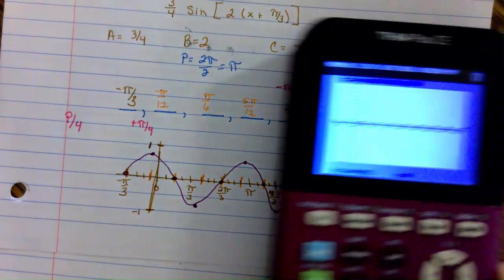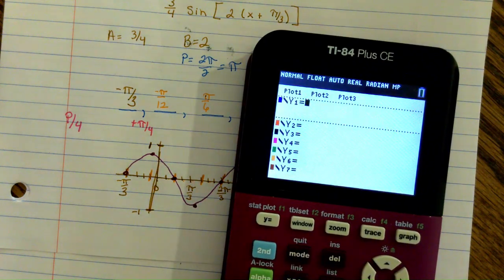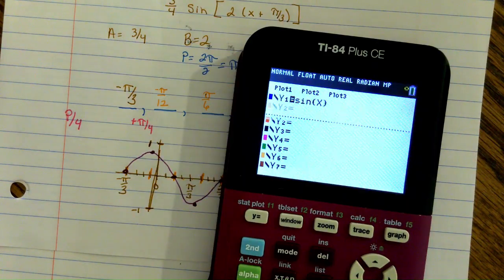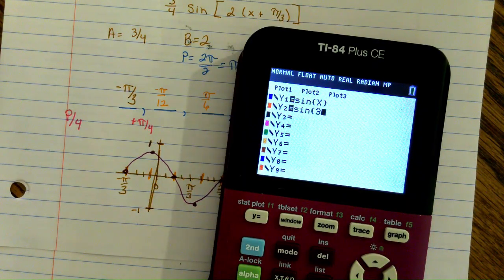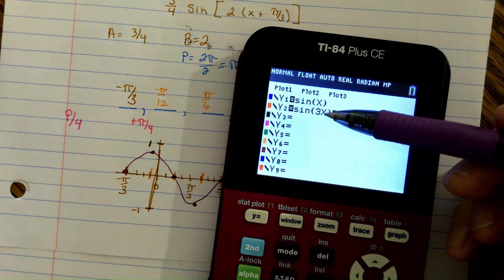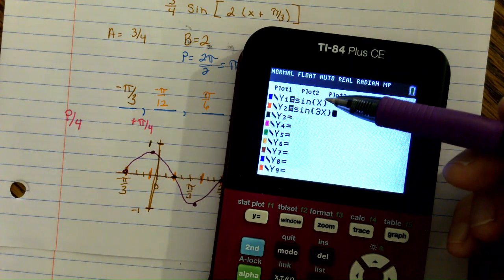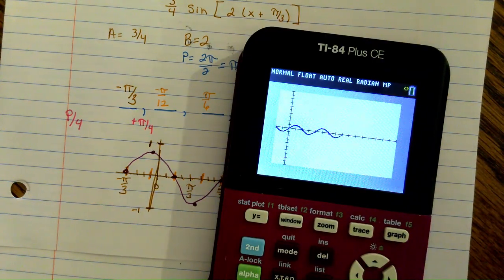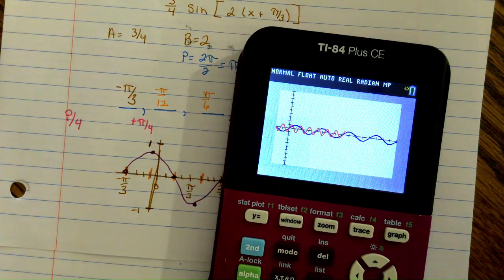Okay, now I do want to kind of back out here and just focus on something really quick. So comparing sine of x to, we'll do sine of 3x. What you should see is 3 times as many of the red as you do the blue, because it's tripled its speed. So you get a lot more cycles in the same amount of space. So that's kind of what that value does in there.